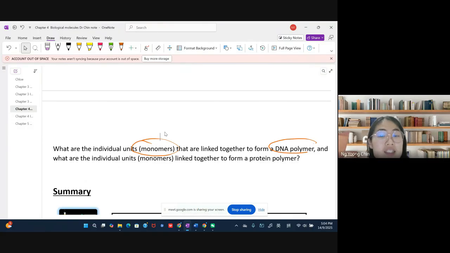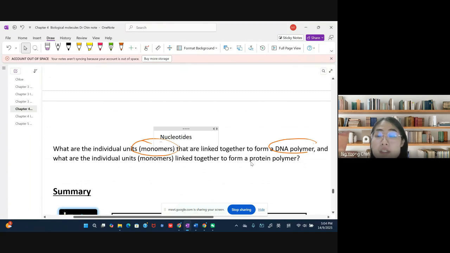Requires the nucleotide, right? Yeah, nucleotide. So nucleotide is a monomer. It's just like a building block, a brick. Later they will become a house, a building. So something like the nucleotide, right? They can join together, so they'll become a DNA polymer.